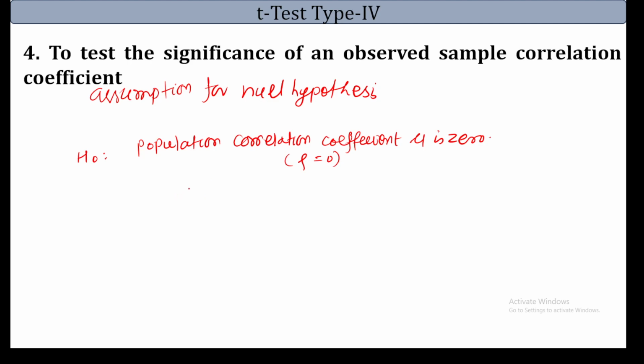When we are saying correlation coefficient, it's always rho. H1 is rho not equal to 0.